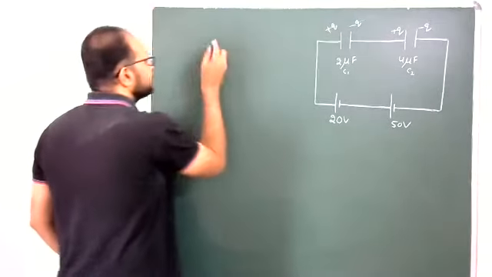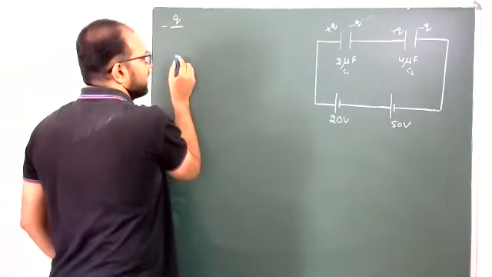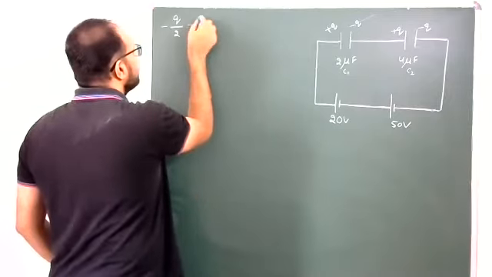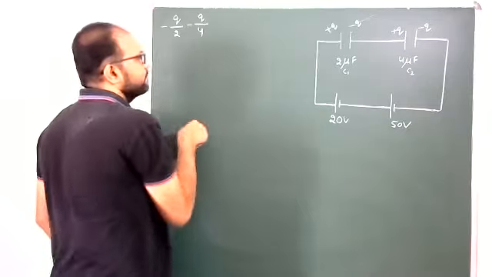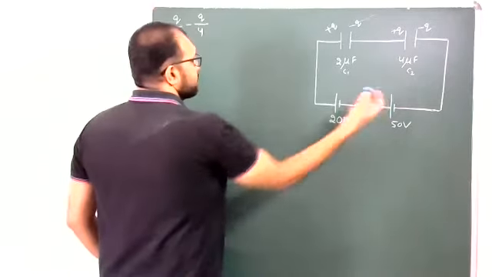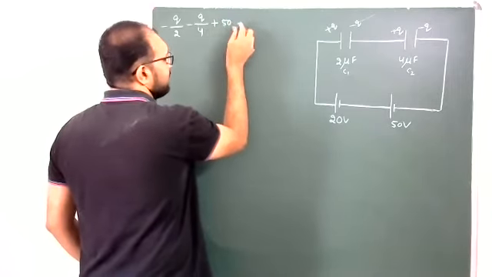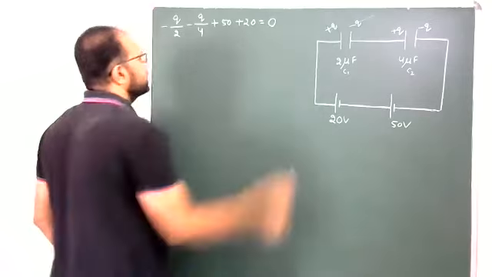Plus 2 minus Q divided by 2. Again plus 2 minus Q divided by 4, minus 2 plus 50 plus 20 equal to 0.